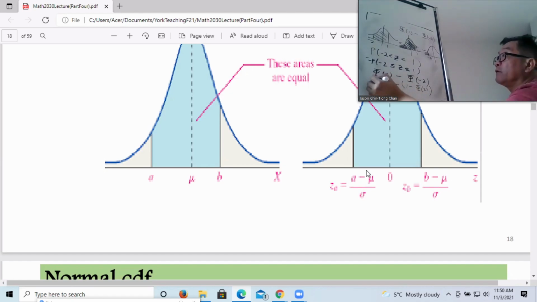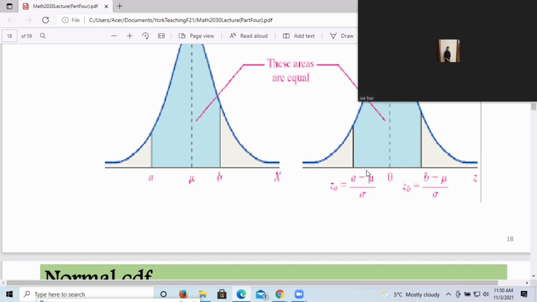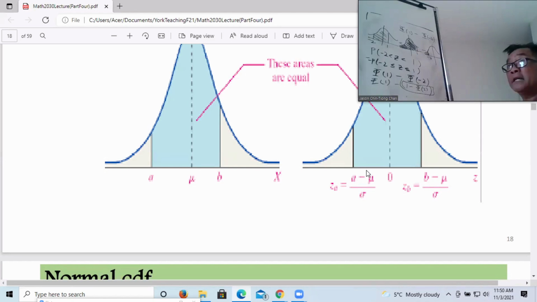This one we just copied. Do you agree with this part? Yes or no? Everyone okay? Just a complement. Yes, that's right, just a complement.